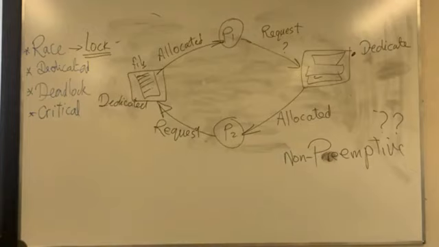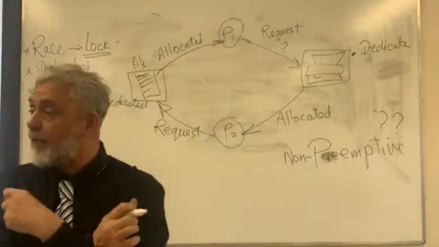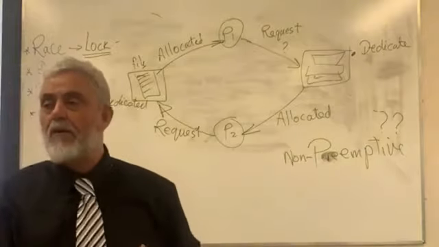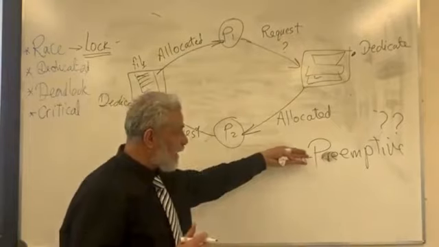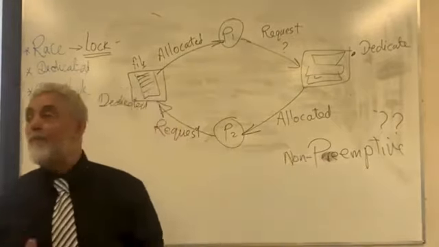What if the moment we give the CPU, another process arrived? So this one started using the CPU. In less than a millisecond, another process said, I need the CPU for 2 milliseconds. Do we stop the one that has the CPU, interrupt and take the CPU from it because a shorter one came in, or not? It depends. Are we running a preemptive system or non-preemptive system?